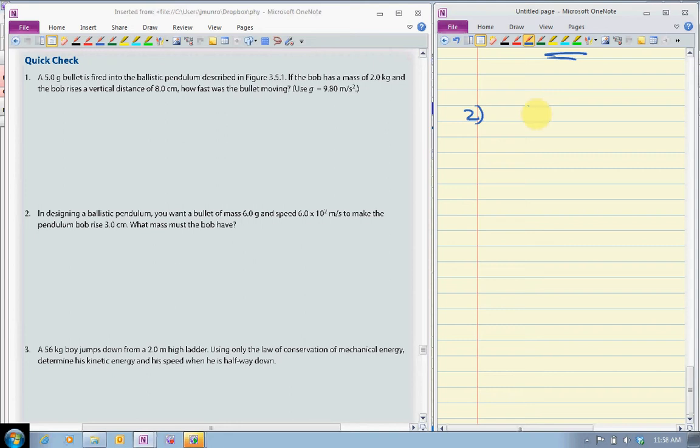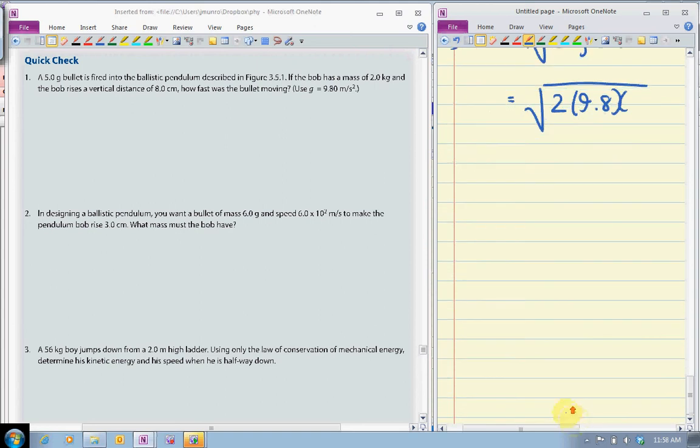So I'm going to use the fact that, again, v is going to be equal to the square root of 2g delta h, just like that. So 2 times 9.8 times the change in height.